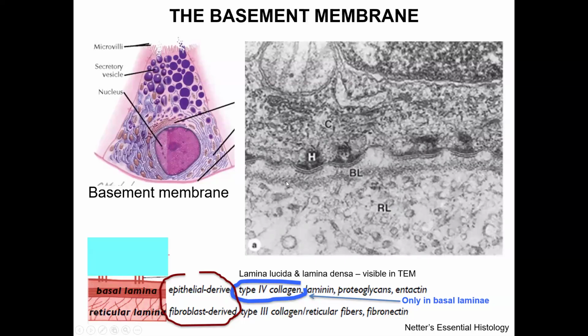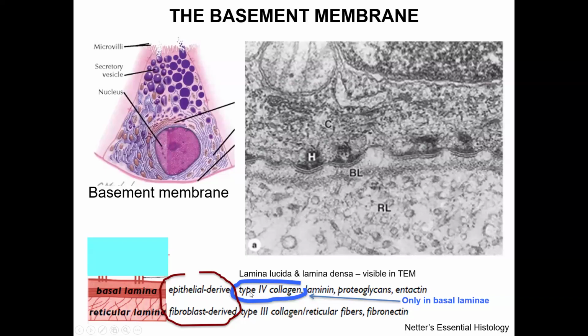But the main difference between the basal lamina and the reticular lamina is that the components of the basal lamina are synthesized and released from the epithelial cells, while the components in the reticular lamina are synthesized and released from cells of the connective tissue, essentially the fibroblasts.